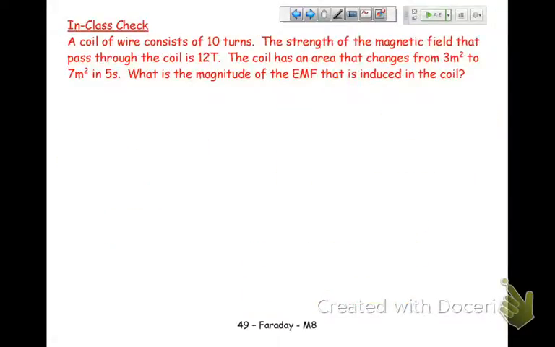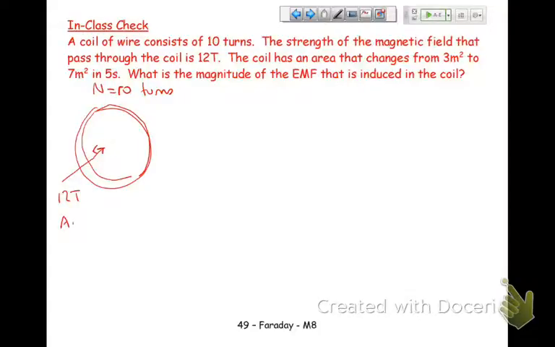In this one, I'm going to change the area in time. So I have a coil which is N equals 10. The strength of the magnetic field that passes through the coil is 12 tesla. I'm going to tell you now it's perpendicular to the plane. The coil has an area which changes.